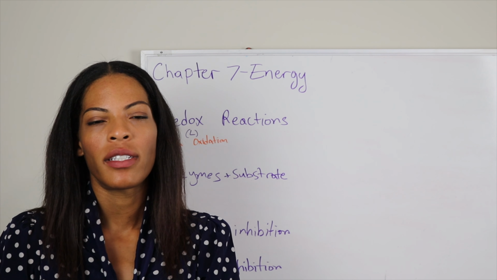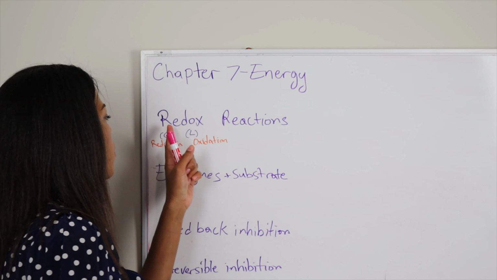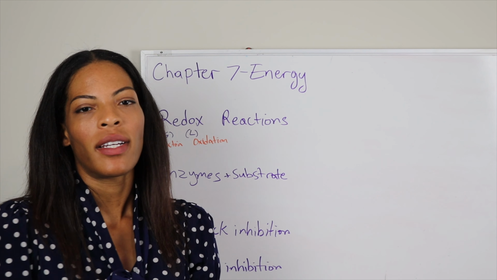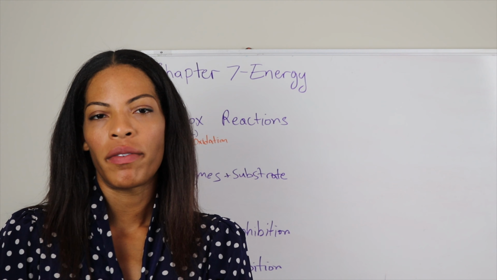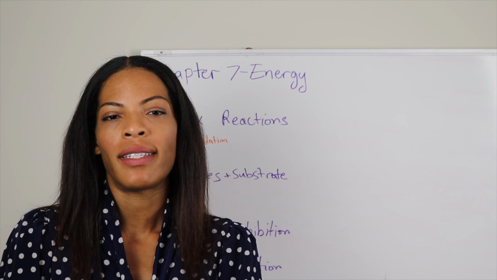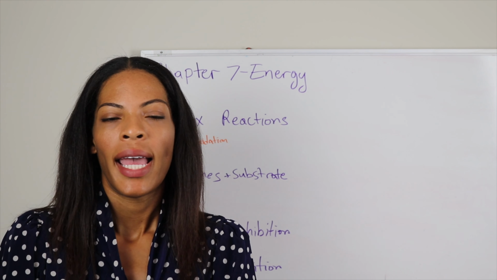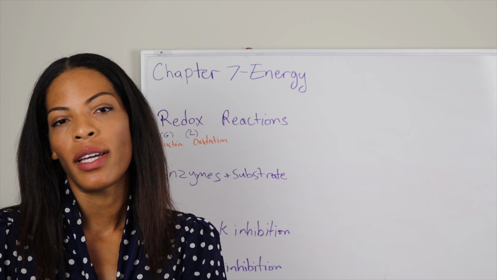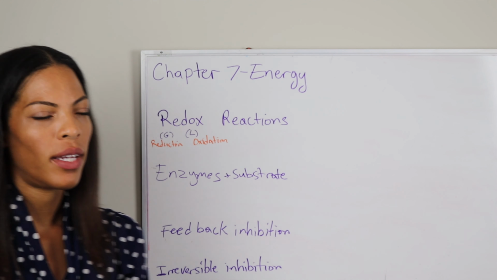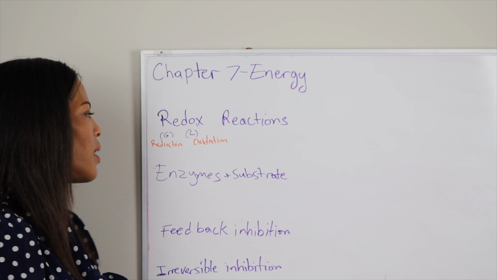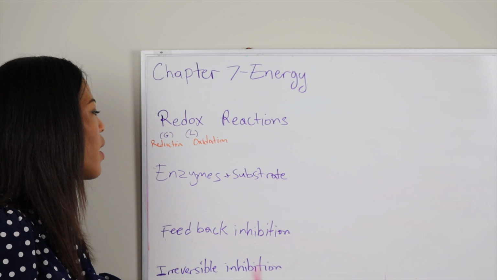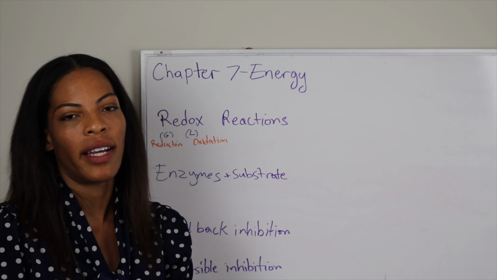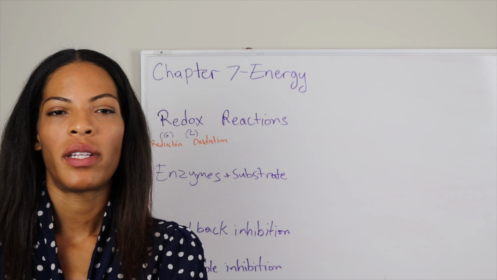The word is a joining of reduction and oxidation. Reduction refers to the molecule that's gaining electrons, and oxidation refers to the molecule that is losing electrons. There's a little way to remember it: if you say OIL RIG, oxidation is loss, reduction is gain of electrons.